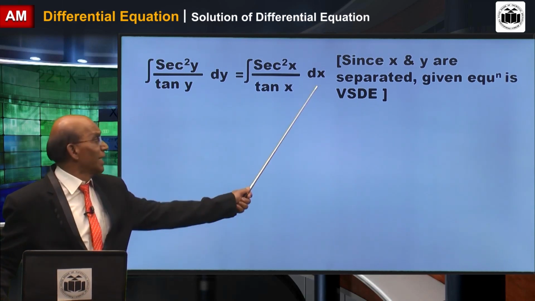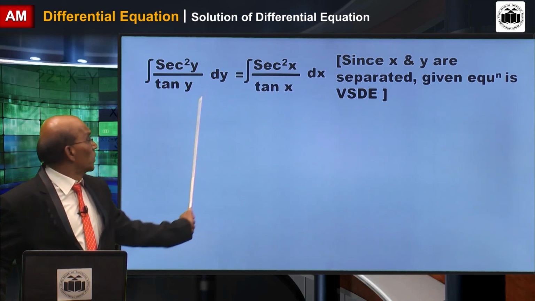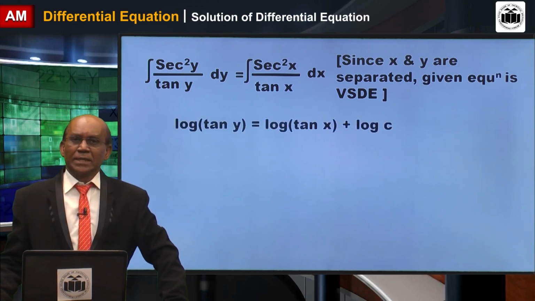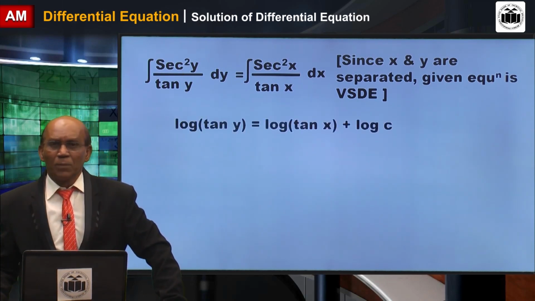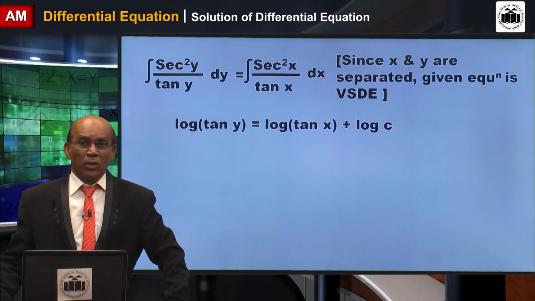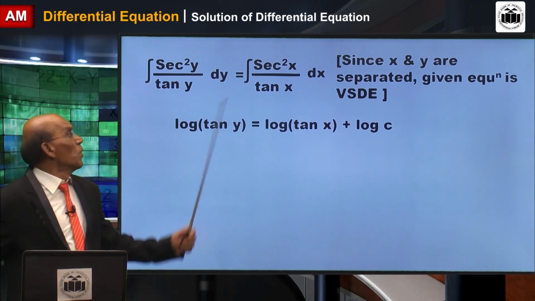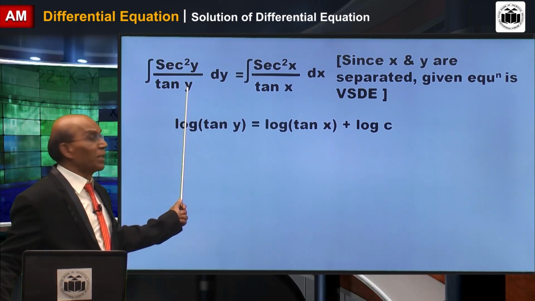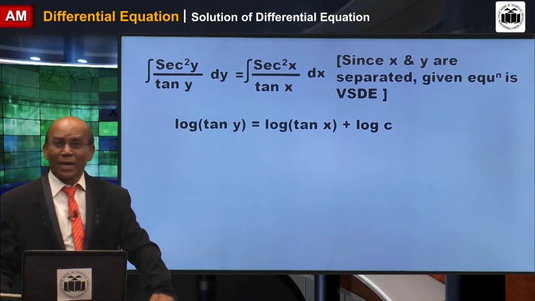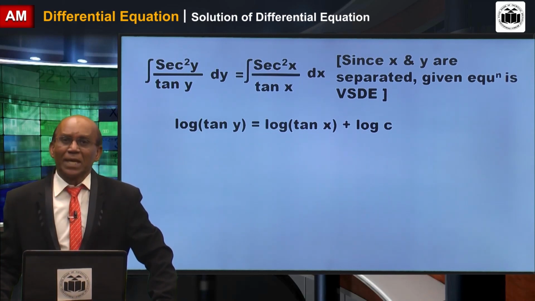As I told earlier, there is no y on the right hand side and no x on the left hand side, and hence the integration of this is log tan y equals log tan x plus log c. Here we use one of the methods of integration for solving the differential equation, which you already know as a substitution for integration.